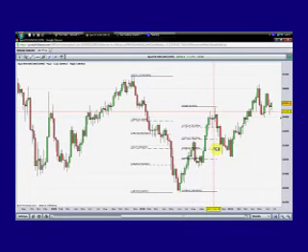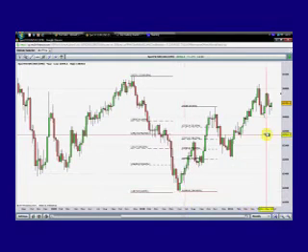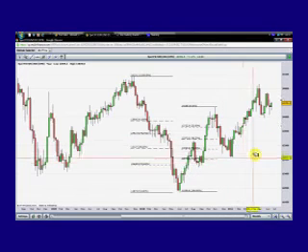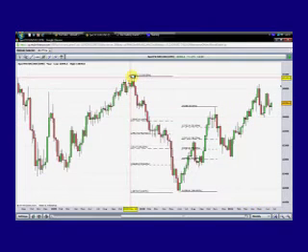The third criteria is the retracement up to the 88.6% Fibonacci retracement level. The third criteria is the retracement in relation to the major downtrend here.